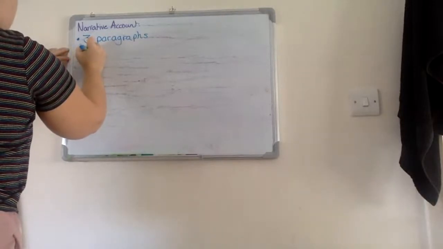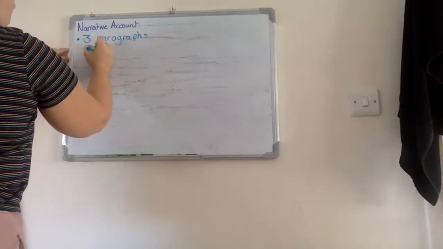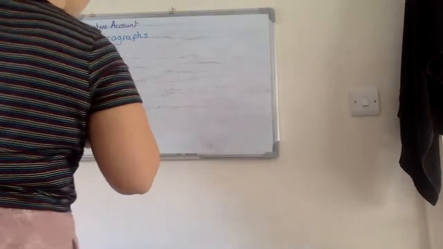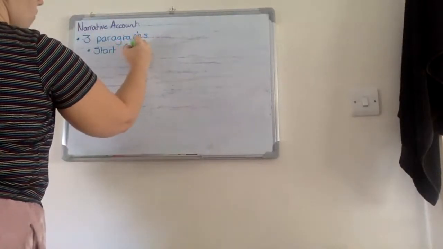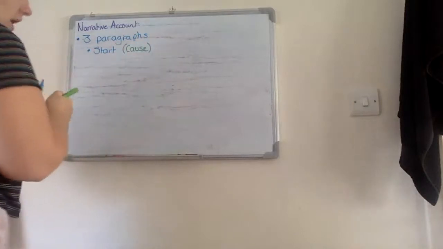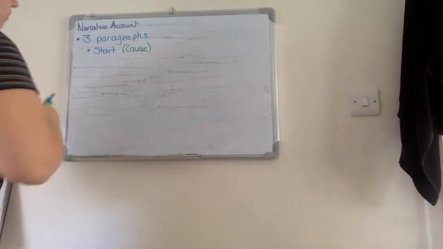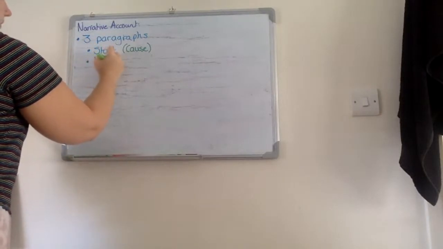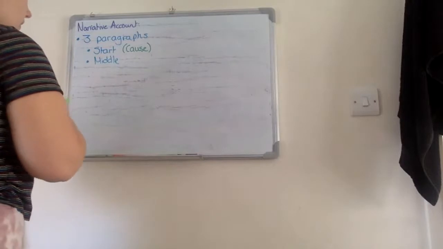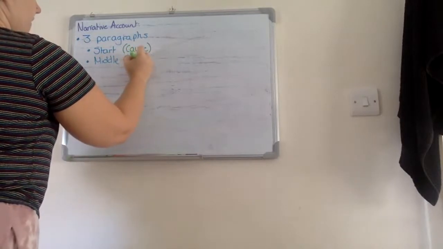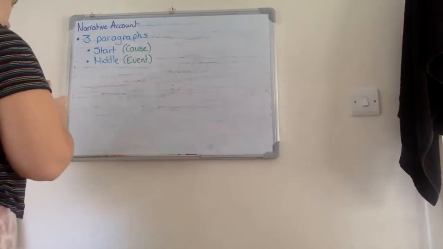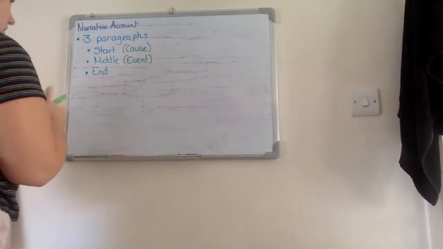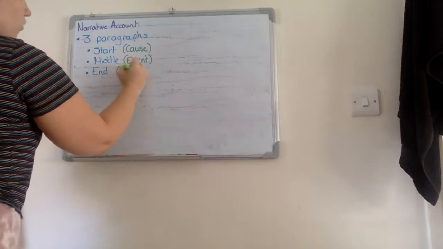Paragraph number 1 is your start of the story, also known as your cause. You then go to your middle, also known as the event. And then your 3rd paragraph is the end of the story, your consequence.